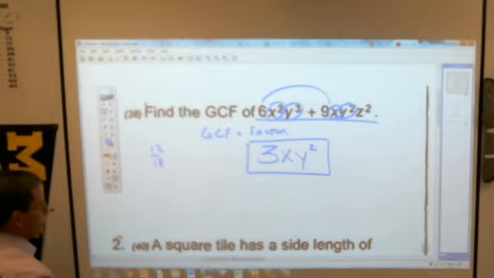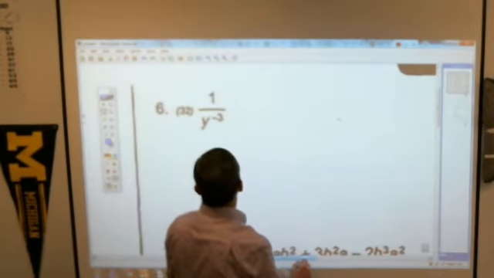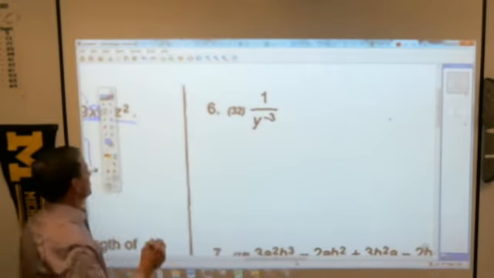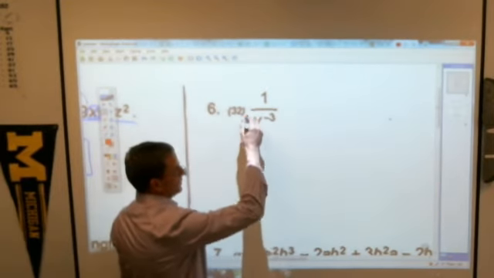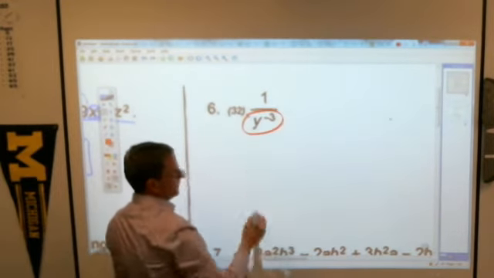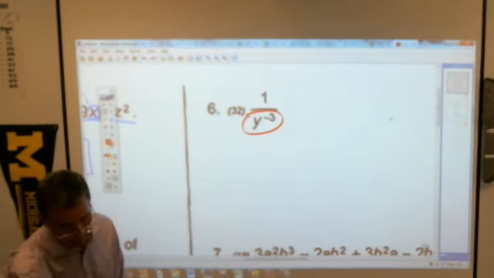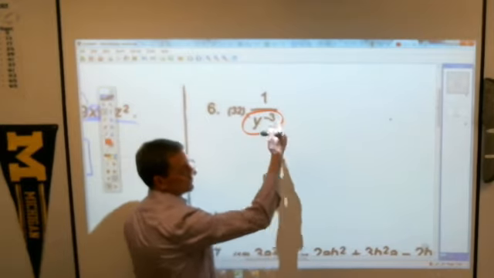Carter Westfall, how do you do number 6? Alright, Westfall, the only issue with this is we don't deal with negative exponents. How do I make something that has a negative exponent into a positive exponent? You move it wherever it's on in the fraction, you just move it to the opposite side.